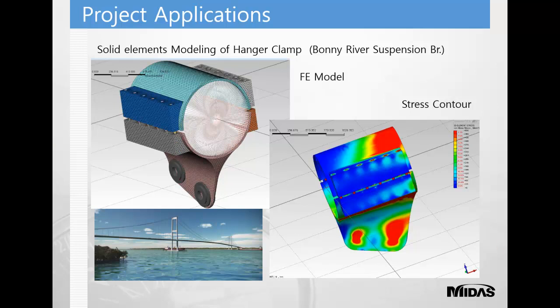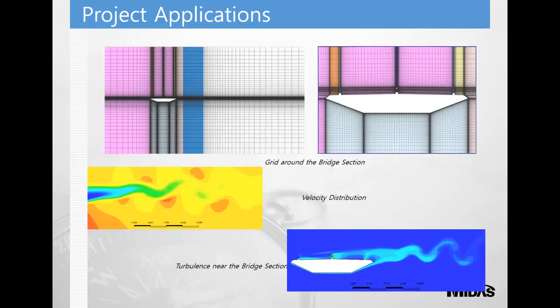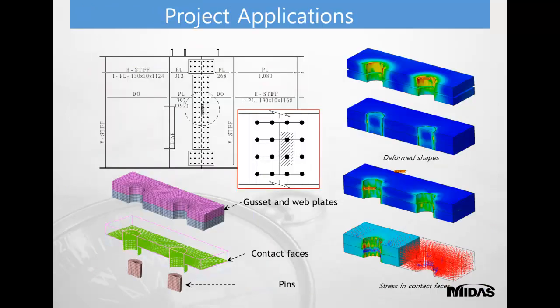So for that, MIDAS FEA was used. Next is fatigue analysis, then CFT analysis. Next is contact analysis, where we can simulate the contact between the plates and the pins. So this was the basic introduction to the MIDAS FEA capabilities and project applications.